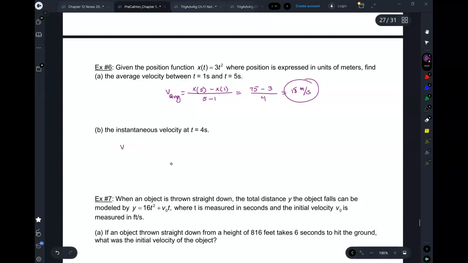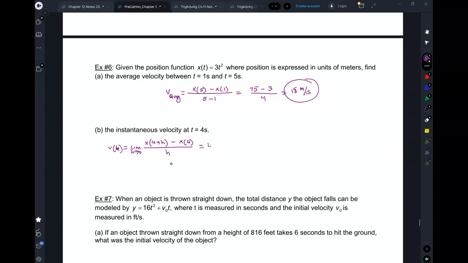Let's do method 2 on this one. So here's how you do this. For v of 4, we're going to do x of 4 plus h minus x of 4, over h. Oh my God, I'm losing minus 1s, I'm losing points everywhere.